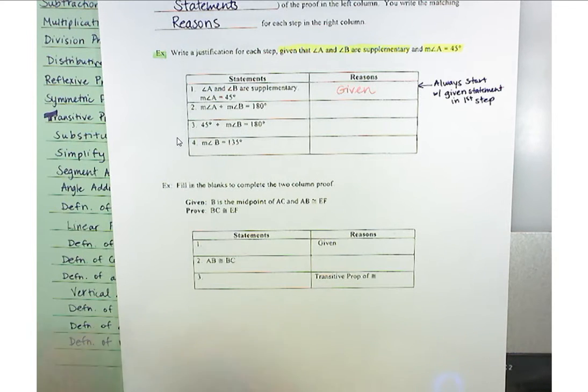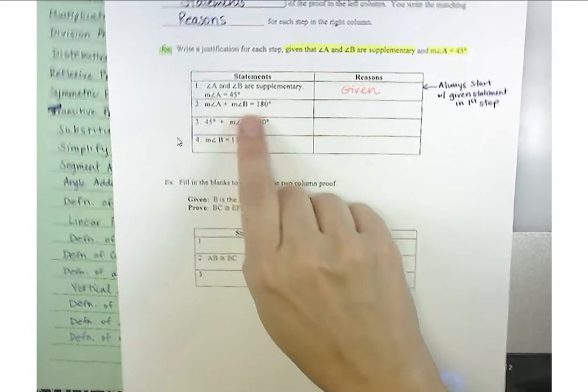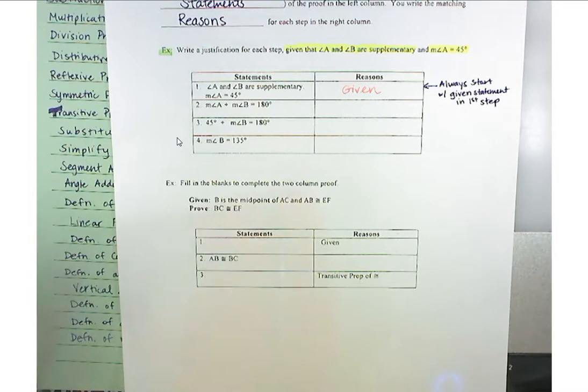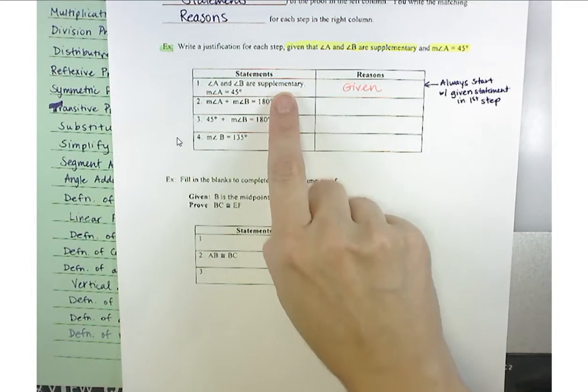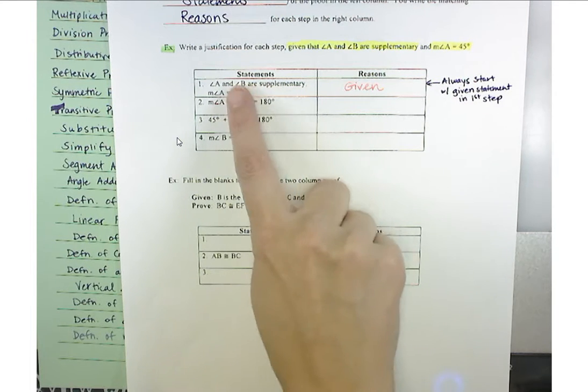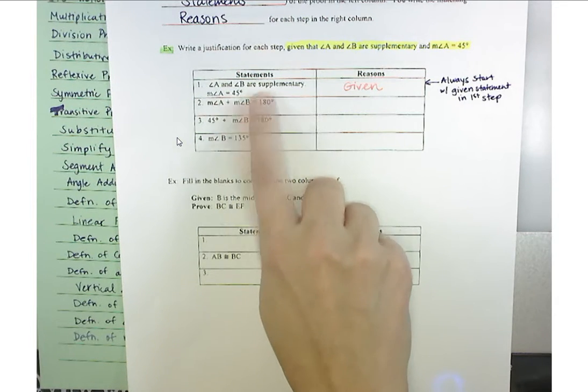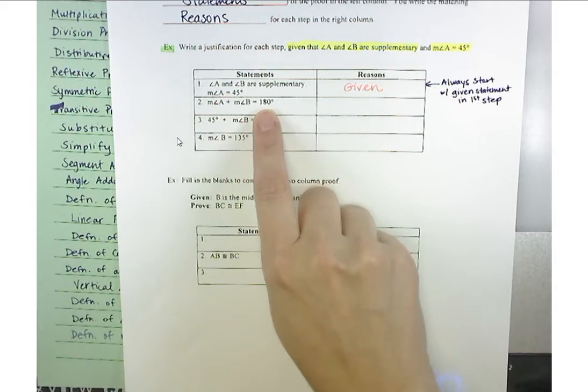Yep. So our next one says that the measure of angle A plus the measure of angle B equals 180. So the important thing to remember is you're going off of what happened in the step before it. So see how it said that the measure of A and B are supplementary? And now we can conclude that because they're supplementary, they equal 180.